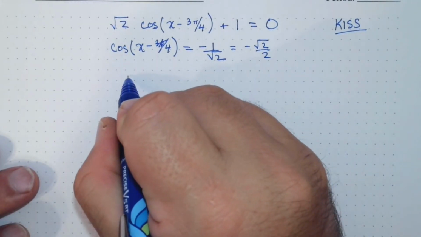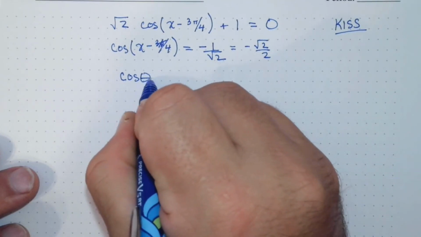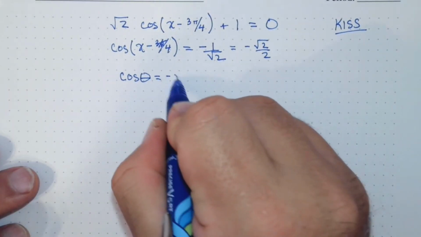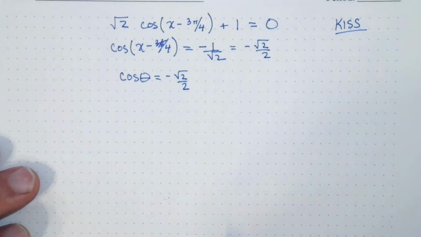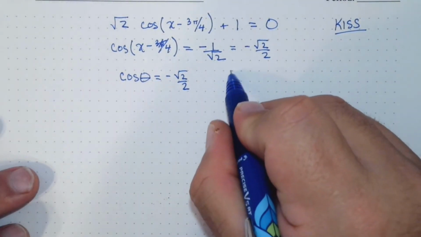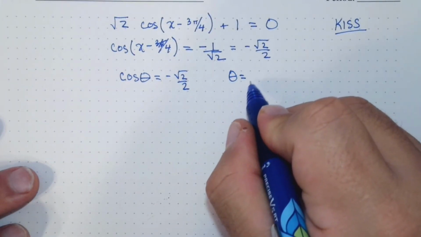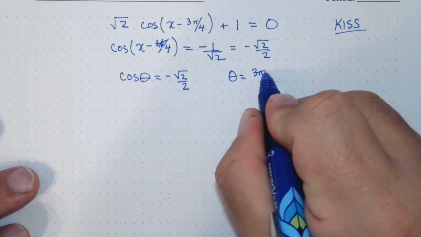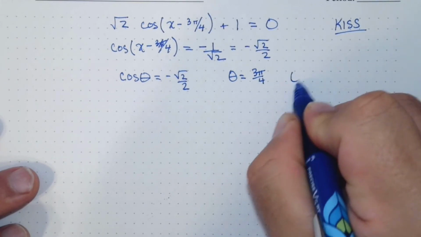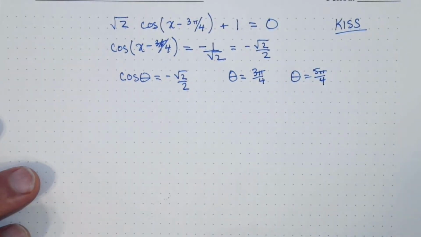So what does that tell me? If I had the cosine of theta equal to negative root 2 over 2, I would know that theta would have to be equal to 3 pi over 4 or 5 pi over 4.